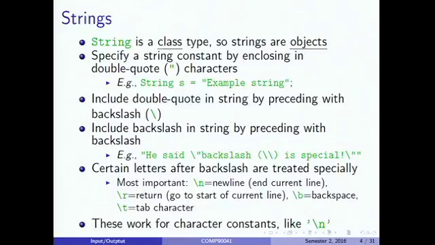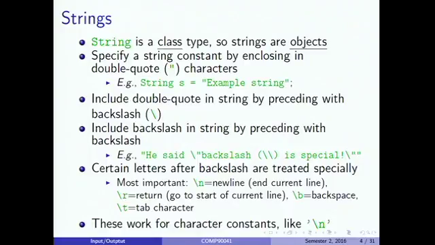And all of these, by the way, work in character constants. I haven't really talked about characters. There's not that much you can do with a character, except put it in a string or take it out of a string. But the way you can specify a single character as a constant in your code is to put a single quote before it and a single quote after it.